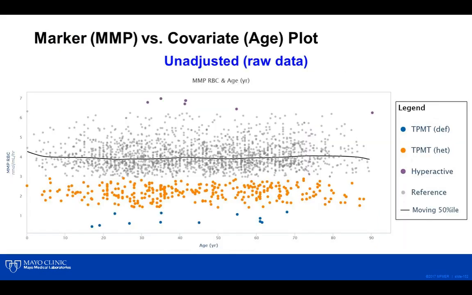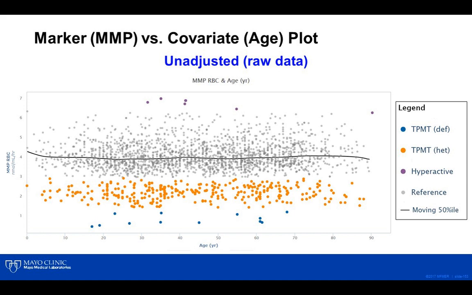And there is more that we can do in CLEAR. First and foremost, the adjustment of results for one or more covariates. This plot is called the marker versus covariate plot, where the values of a chosen marker, here MPP from the new assay, are shown. All cases and controls are shown individually with different colors.